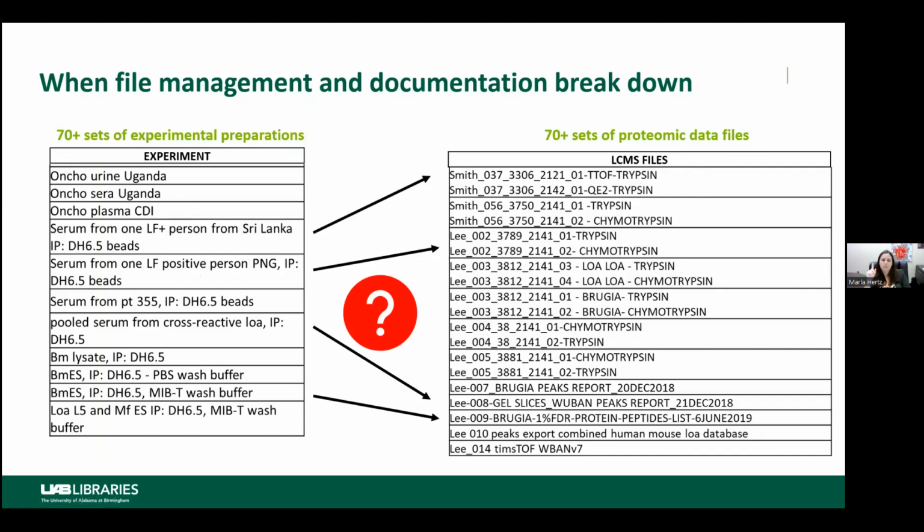Well, unfortunately, no one had set up a system where we linked the prep from the lab notebook to the data file. And so when it came time to write the paper, we really didn't know what went with what. It took several people several months to match these back up.